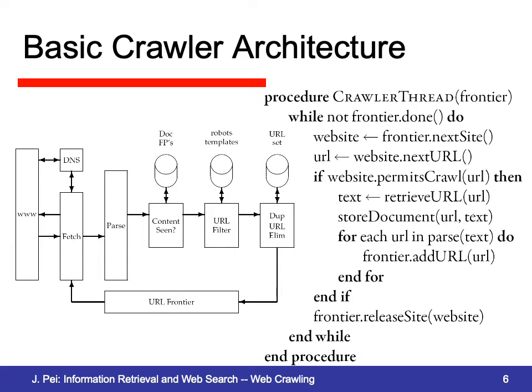And then the URL is also passed into the duplicate URL eliminator, which maintains the set of all URLs discovered so far and passes on only never before seen URLs. Finally, the URL prioritizer selects a position for the URL in the frontier based on factors such as estimated page importance or rate of change.